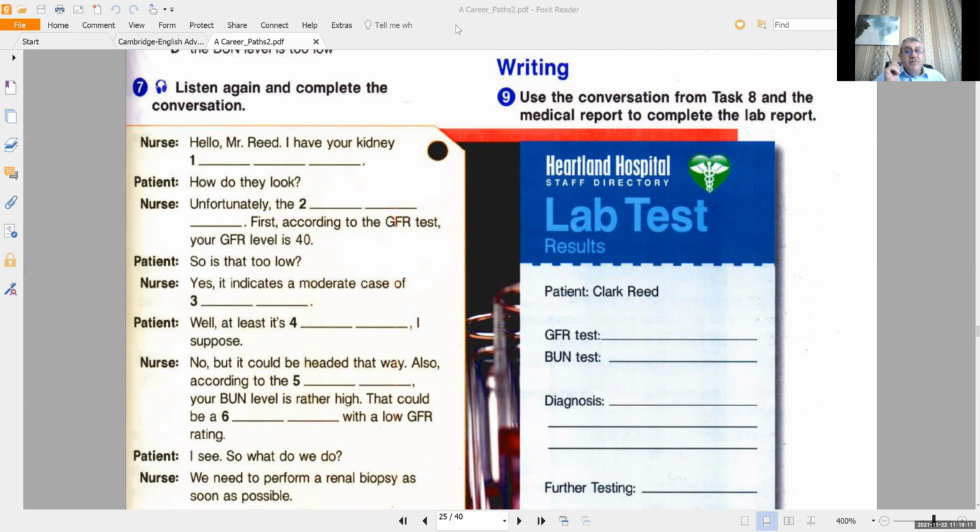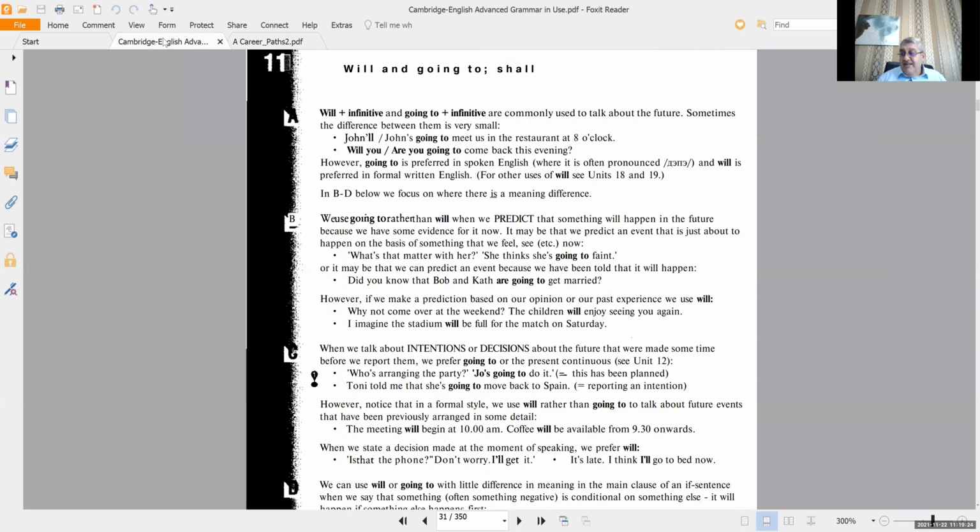Now we are going to move to the next part, which is the grammar part or the language part. Today we are going to talk about a very important tense, which is the last part of tenses for this semester. And then after that, we are going to take other important issues. So this part is about talking about the future.